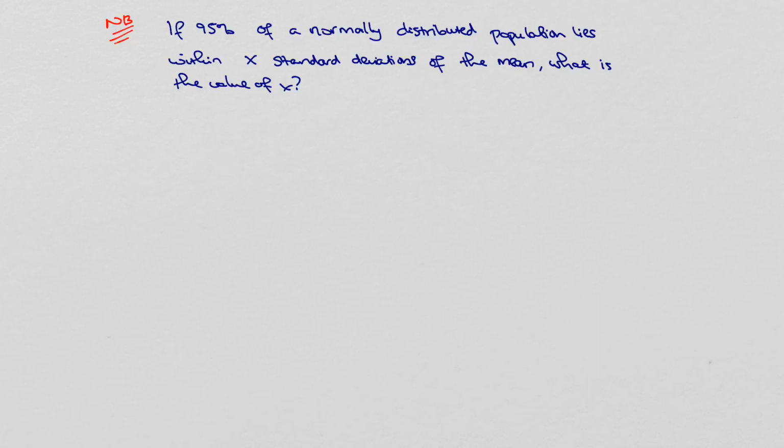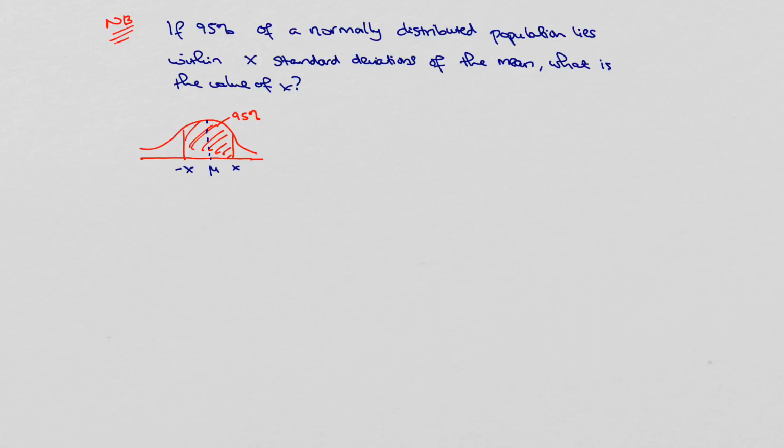So the first thing we always do with these questions is sketch our graph. There's our mean, and we're told that the population lies within X deviations of the mean.